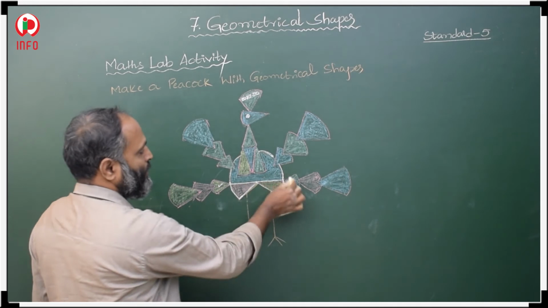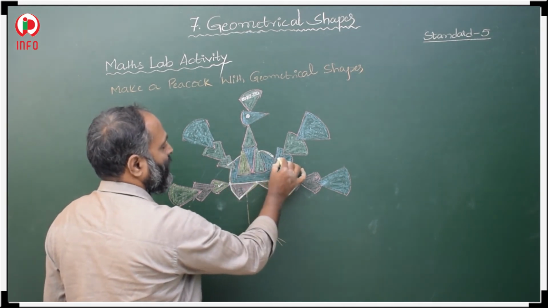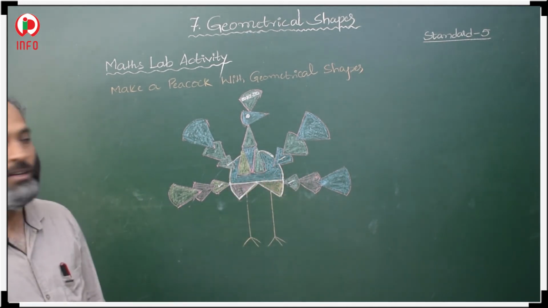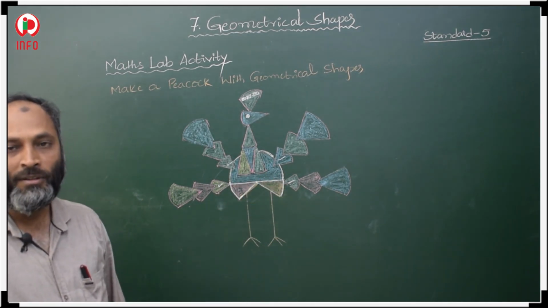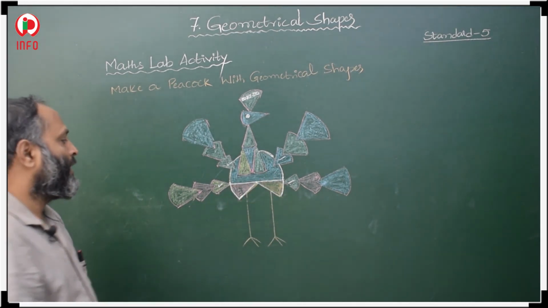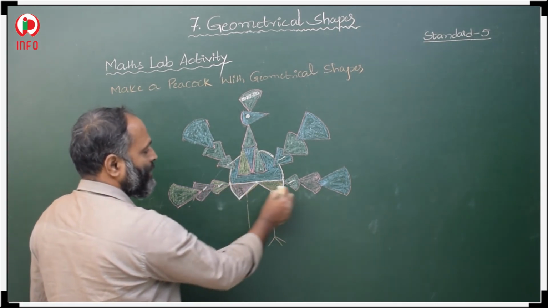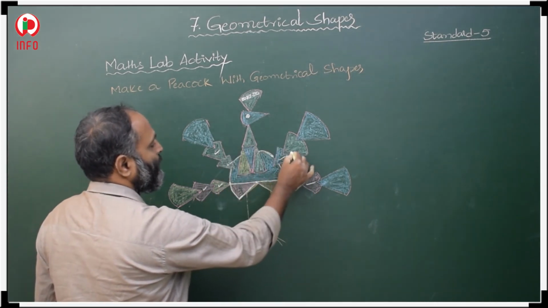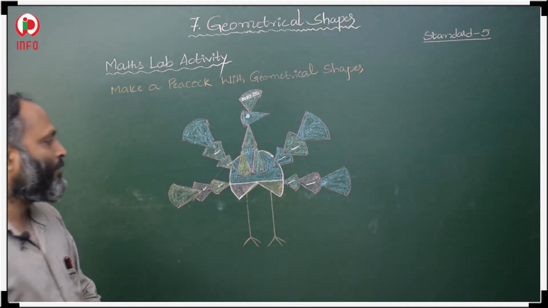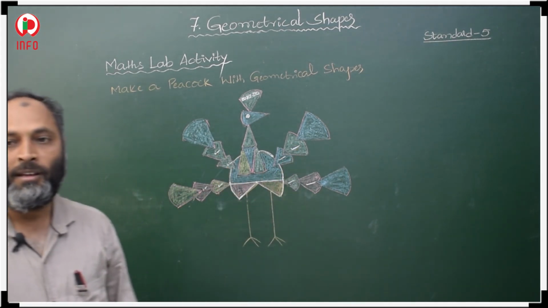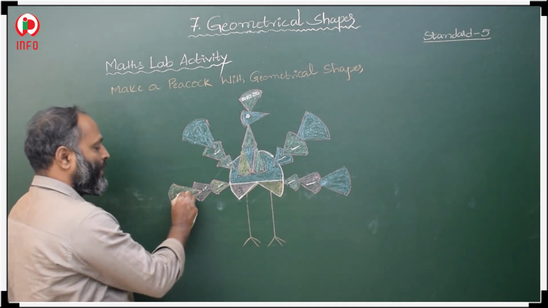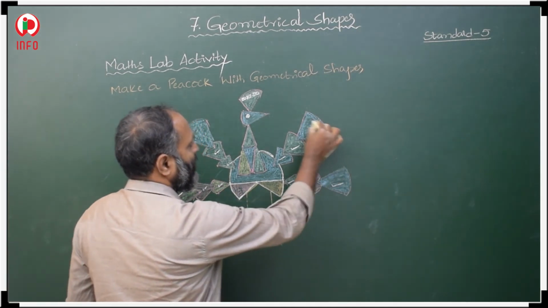So 1, 2, 3, 4, four congruent sectors you have to cut and paste in these positions with glue. Then again cut four congruent sectors and paste like this.